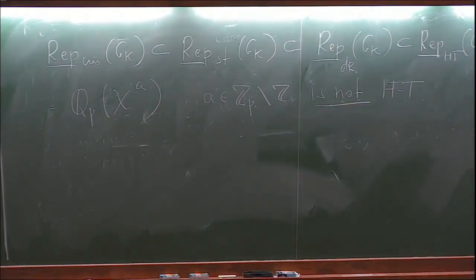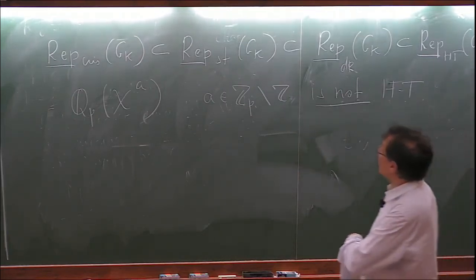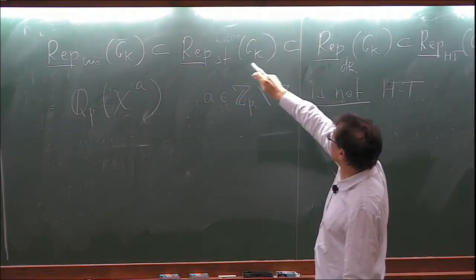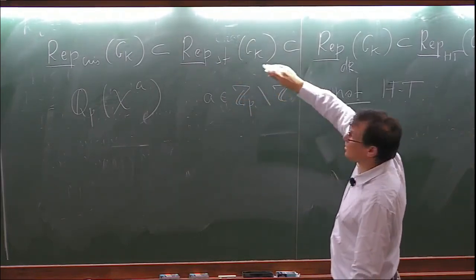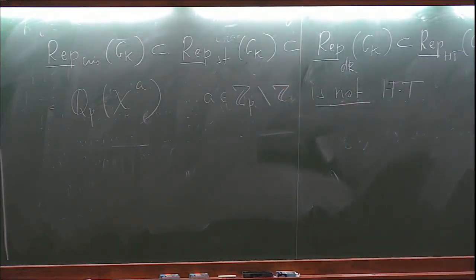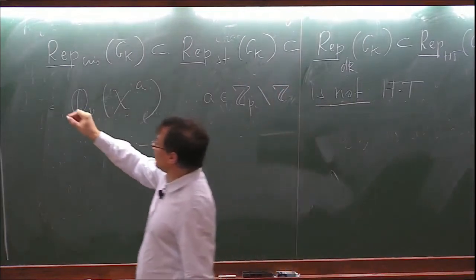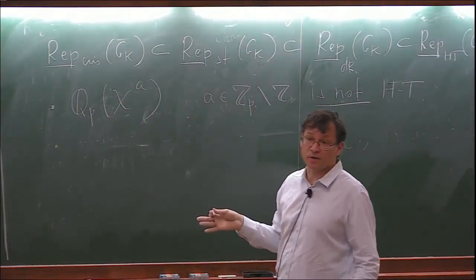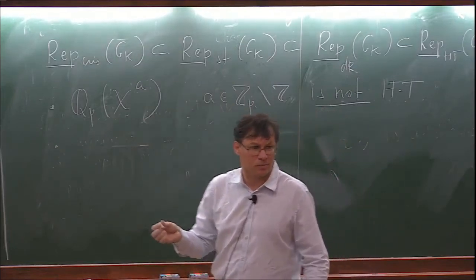It is not Hodge-Tate. So we see that this is a strict inclusion. It is easy to see that the class of semi-stable representations is strictly smaller than the category of de Rham representations. It can be easily constructed using ramified representations with finite image.